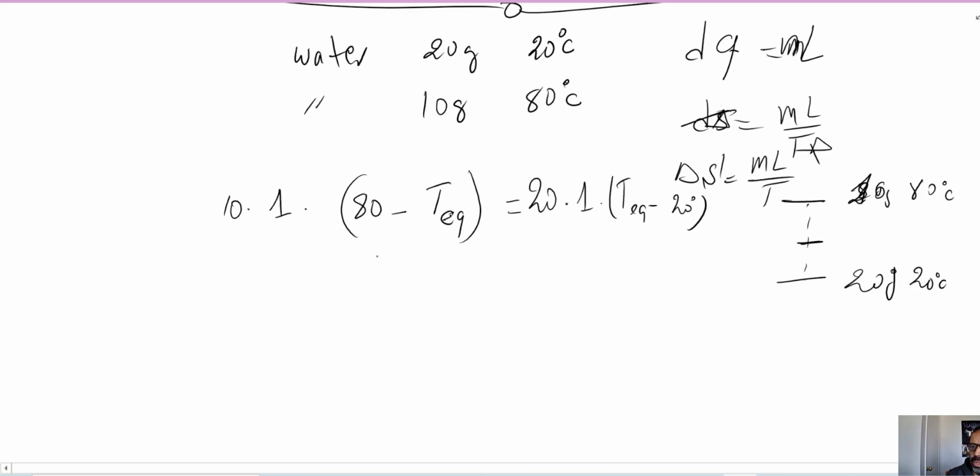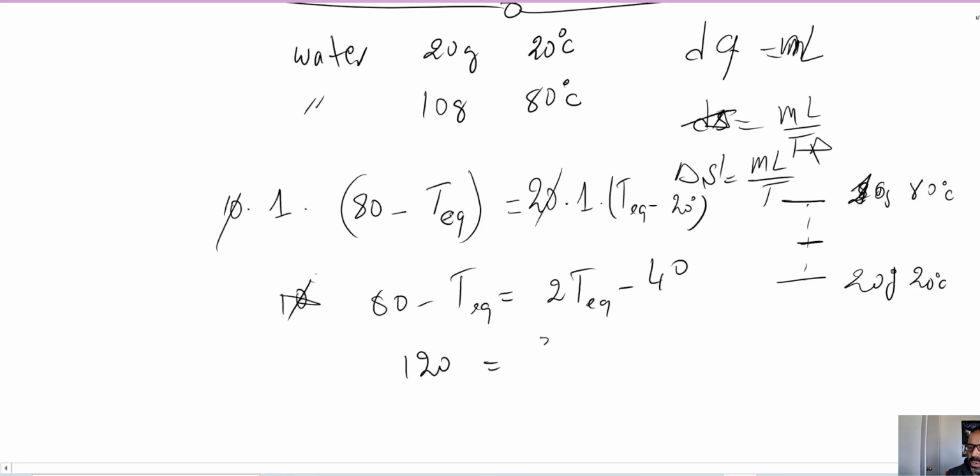The 10 cancels, and we have 80 minus T equilibrium equal to 2 times T equilibrium minus 40. Taking the 40 over, it's 120 equal to 3 T equilibrium, and dividing by 3, the temperature of equilibrium is 40 degrees Celsius.